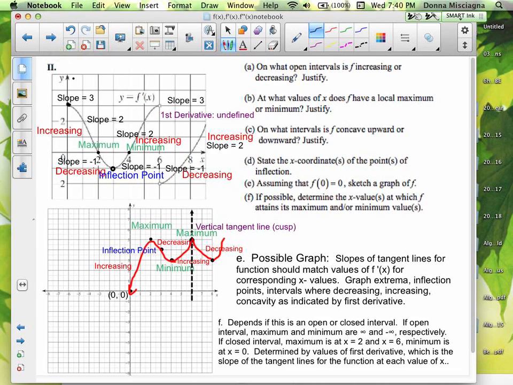So right here at 0, 0, 3, right? That's a slope of 3, because the value, let me write it this way. f prime of 0 here, it says 0, is 3, right? So that's why our slope is 3.